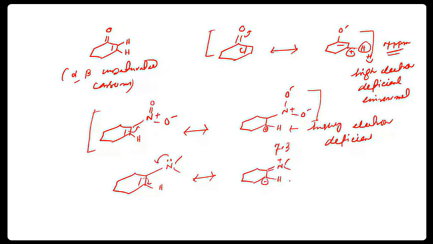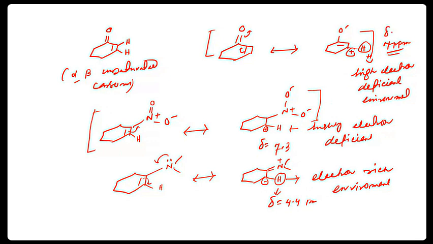As a result, this proton environment also becomes an electron rich environment. So it will come at lower ppm values, and this value is delta equal to 4.4 ppm. This is delta. I should use delta as the perfect scientific term, in brackets, of course, in ppm.